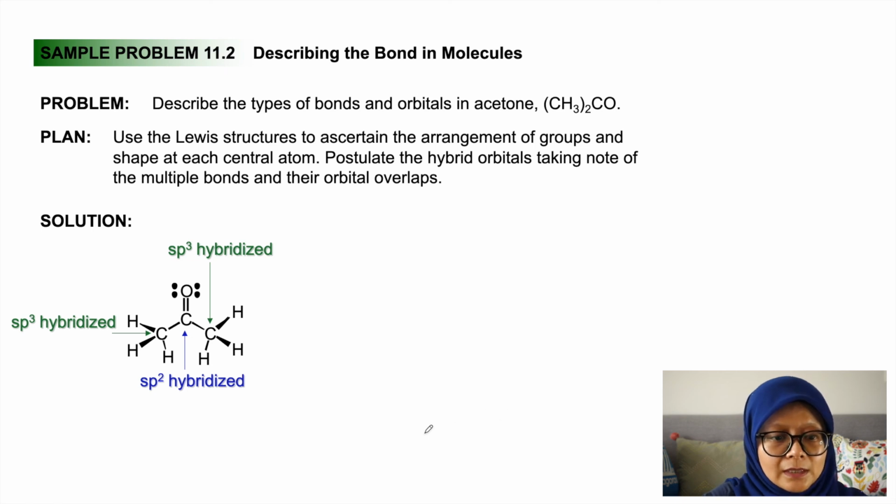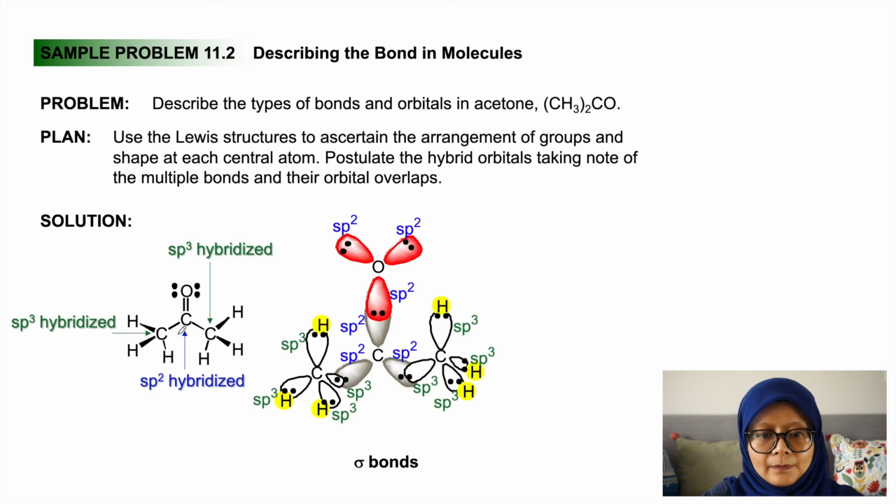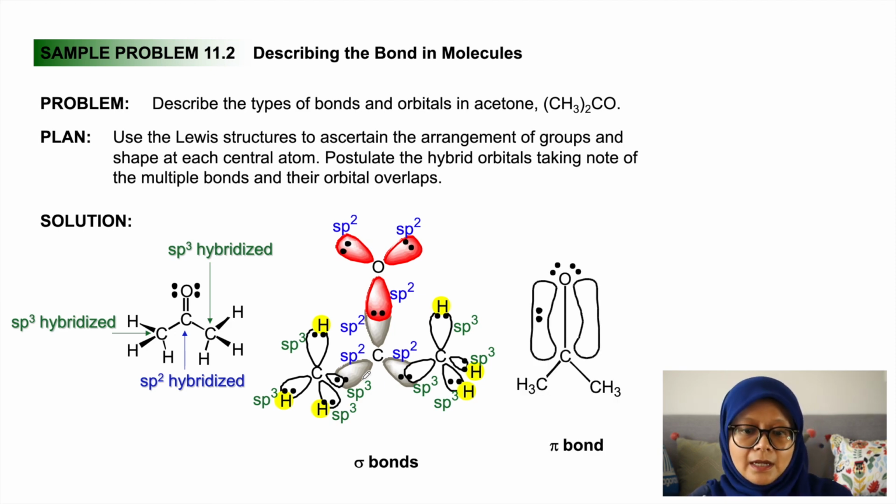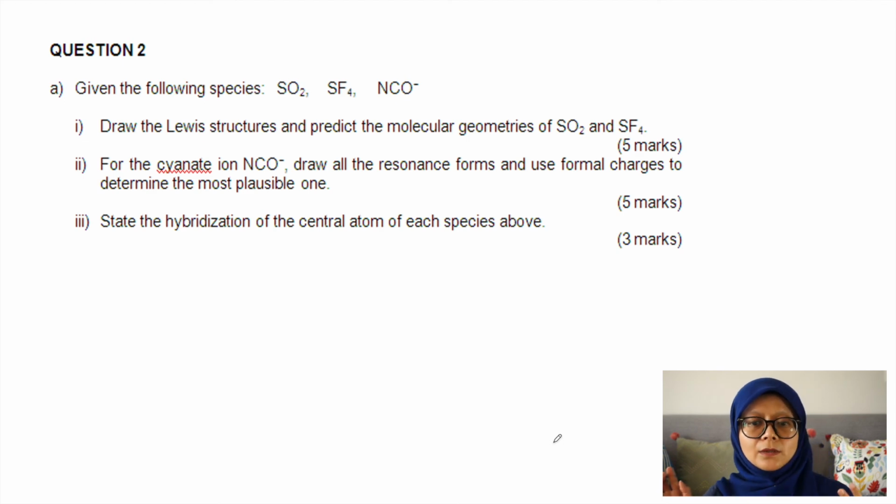So here the first one we have sp3 hybridization. This is also sp3, while this carbon has sp2 hybridization. This is what happens if we expand the structure. And then this is how we can show the presence or the formation of the pi bond. And then this is question 2.